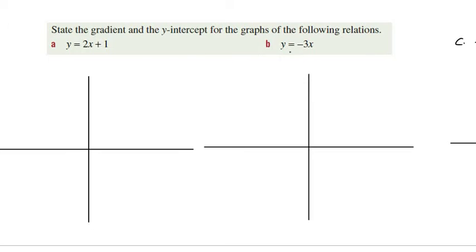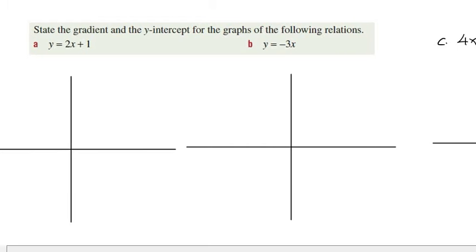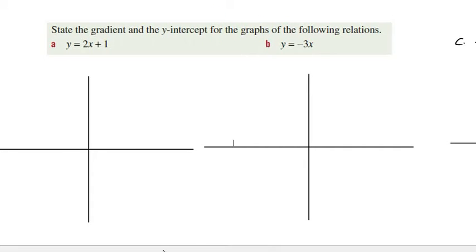I have part A, part B, and part C. We're going to name the gradient and y-intercept first, and then plot the line on the Cartesian plane. If you have any trouble doing this, you can come back to the video and look at how to do it step by step.